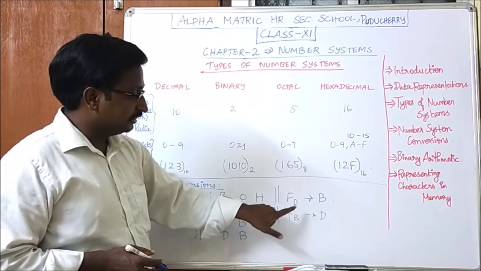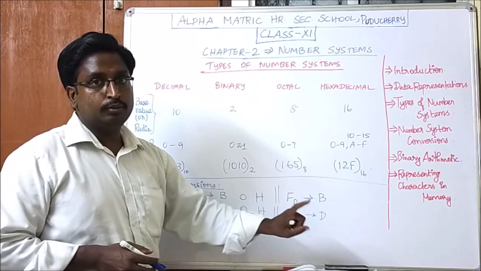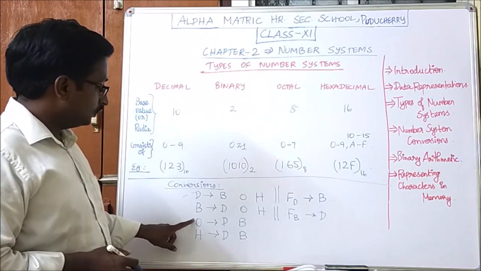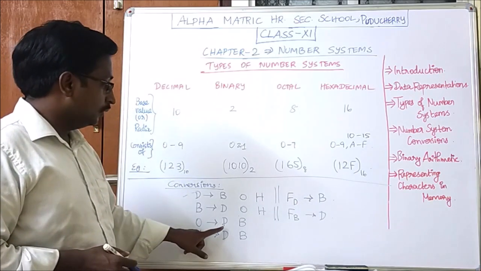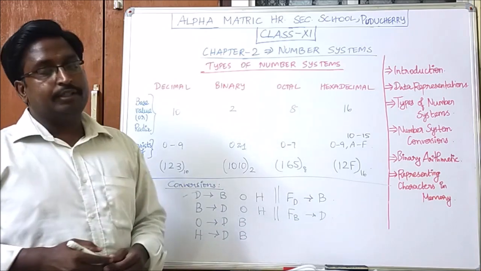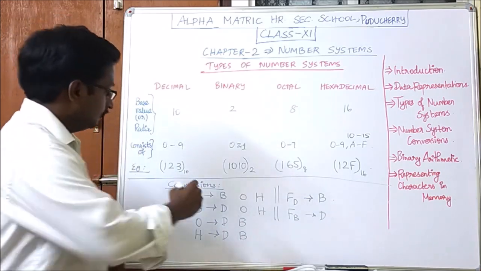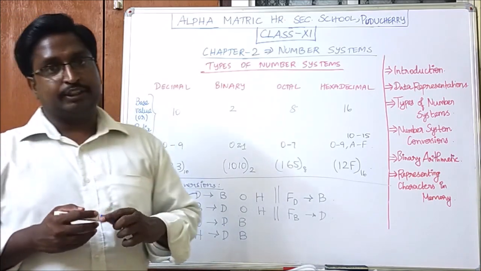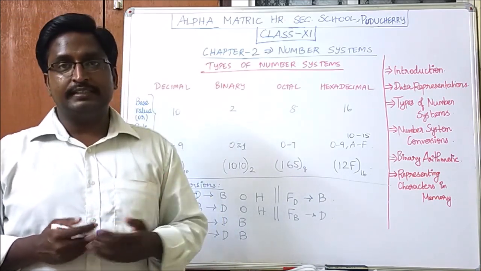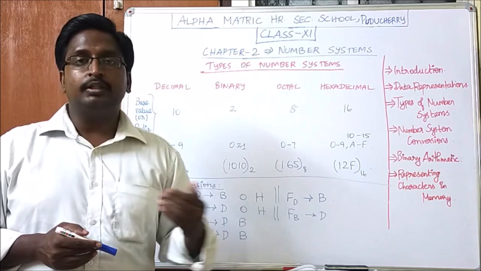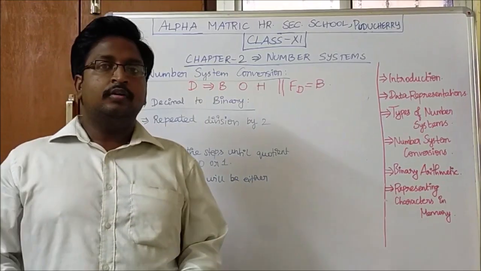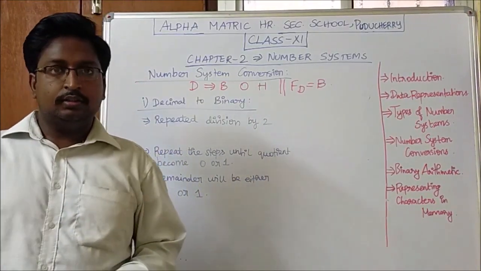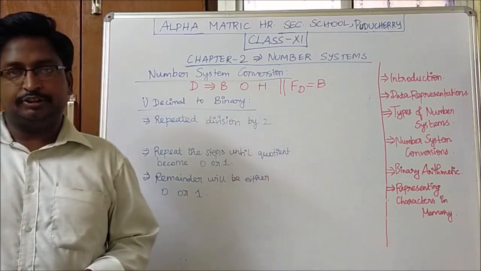In addition to that, fractional binary will be there, you have to convert to decimal. Whereas octal and hexadecimal will be converted only to decimal and binary. So first in this video we will see the decimal conversion, decimal to binary, octal and hexadecimal, and also fractional decimal to binary.